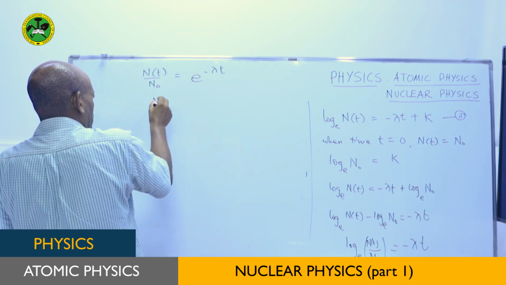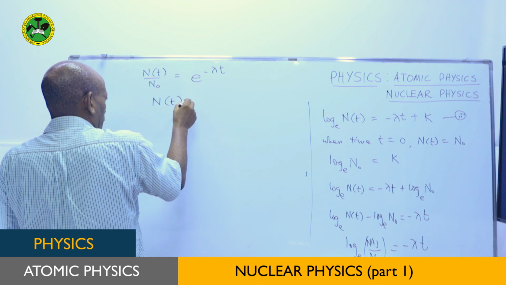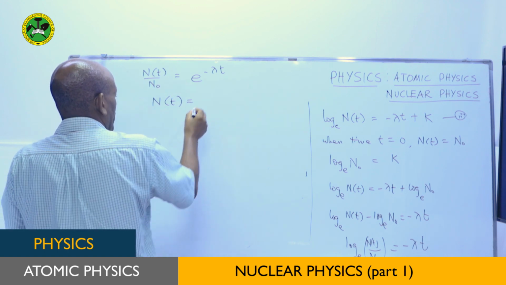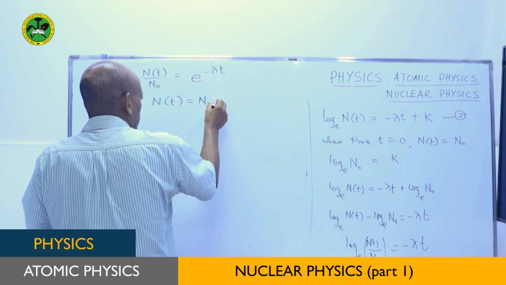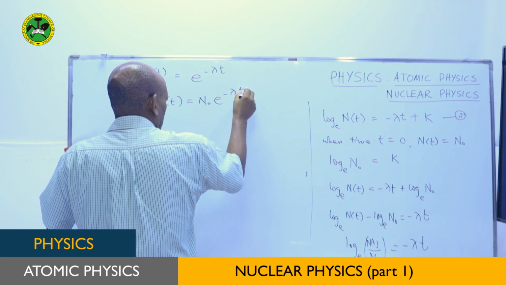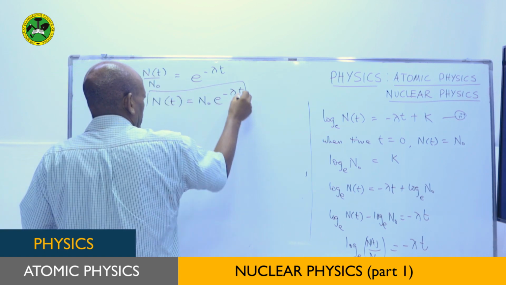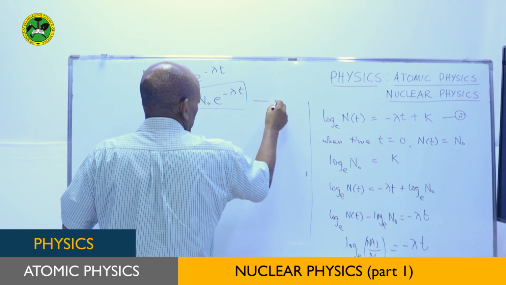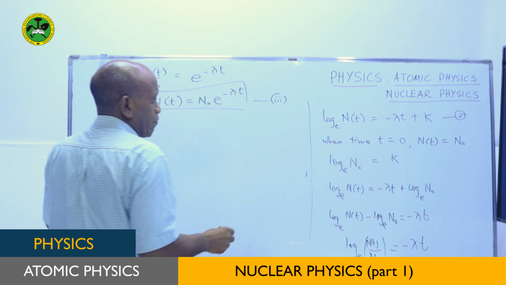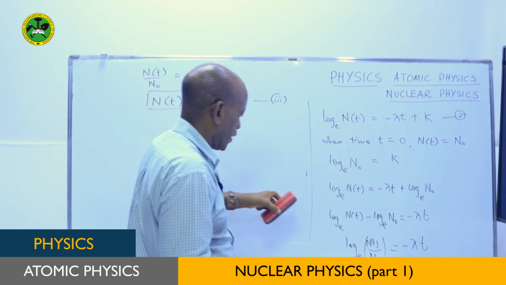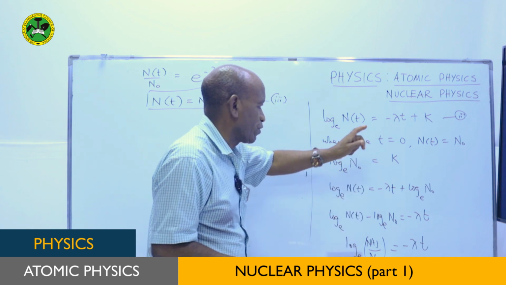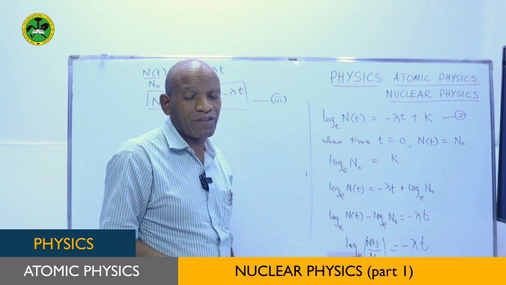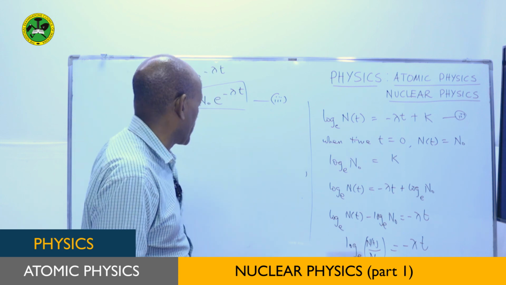Therefore, the number of atoms at any particular time t will be equal to N naught e to the power minus lambda t. This expression is very important, in conjunction with the first equation and the second equation we obtained previously.